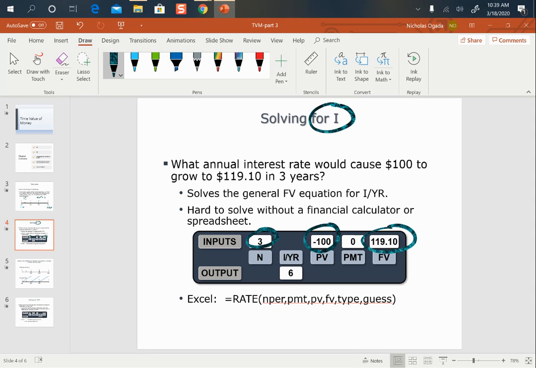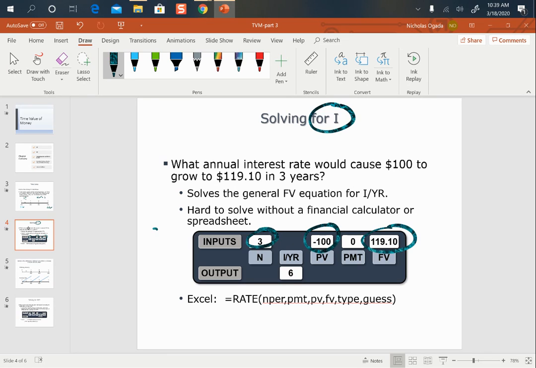So you enter all those inputs in your calculator, where n is 3, present value is 100, the future value is 119.10, and the payment in this example is 0 because we're talking about a single amount. So we ignore the payment, or we just enter 0 as the payment.